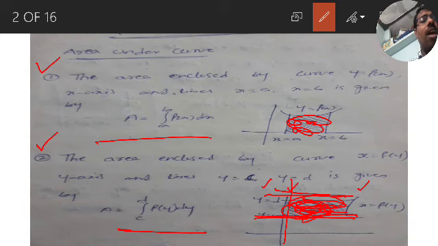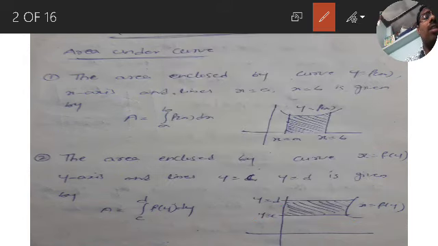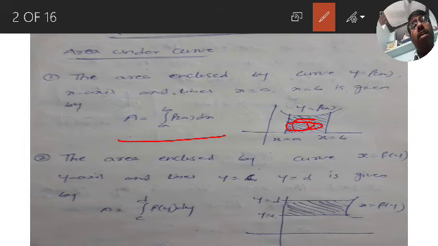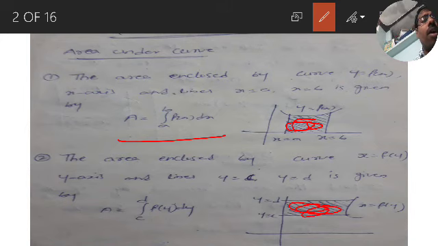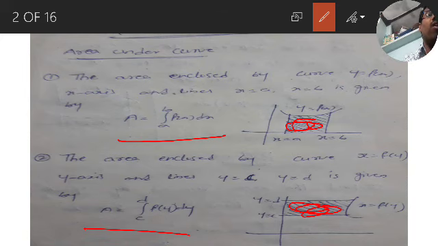The area between can be found by integration c to d f of y dy. That's it, guys.